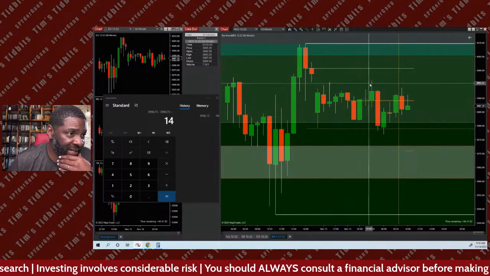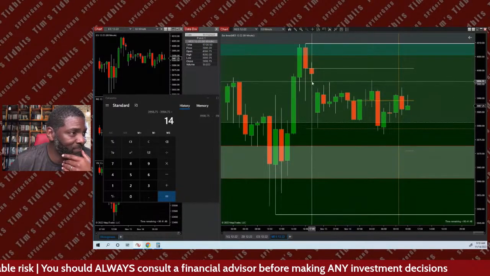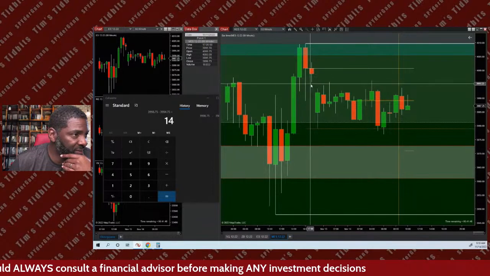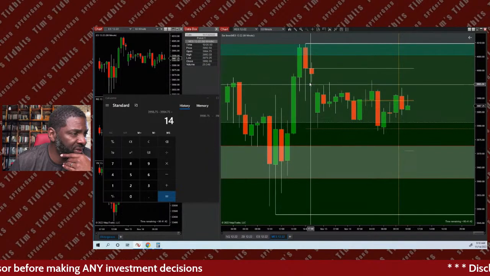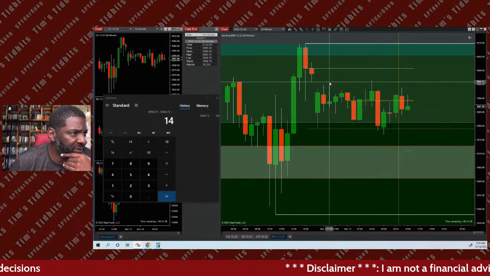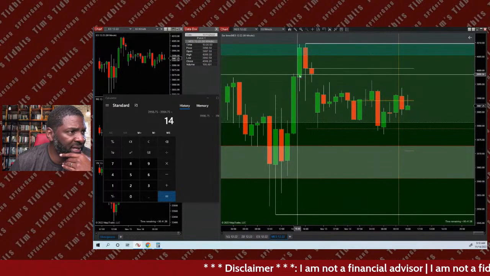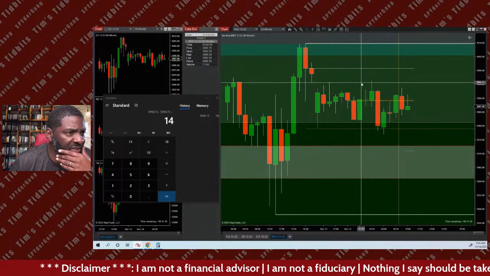We consolidated at 4 o'clock. We poked up above the consolidation. We did fill in the full gap, right? The gap that we had in between these two candles, we did fill that gap in. We didn't get all the way back up to the body of that candle, but we did fill the gap in.